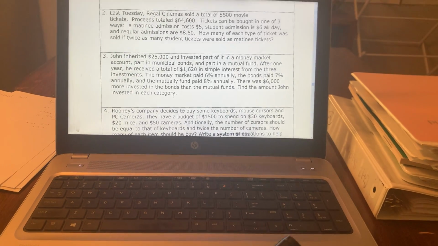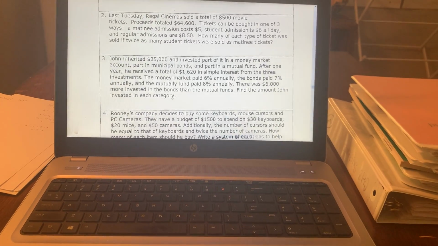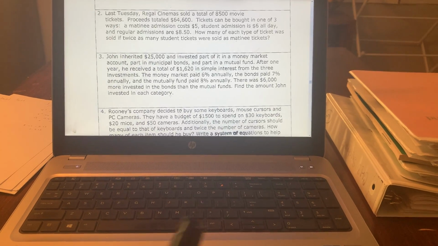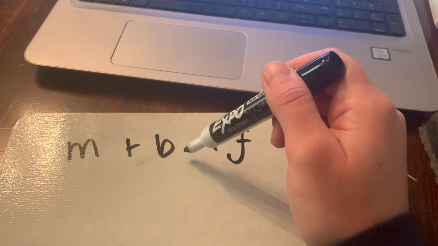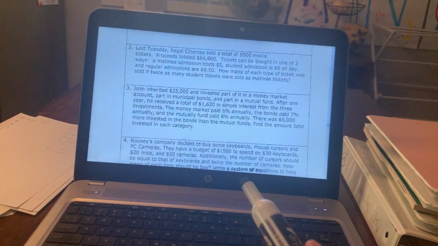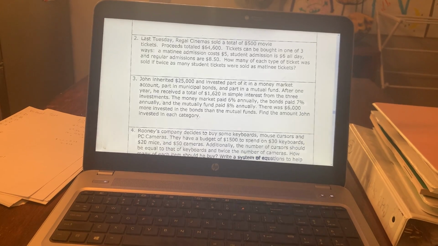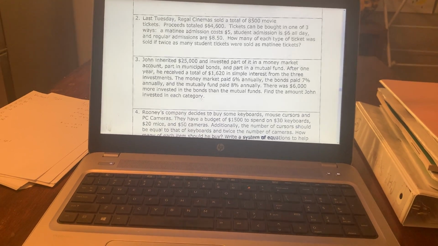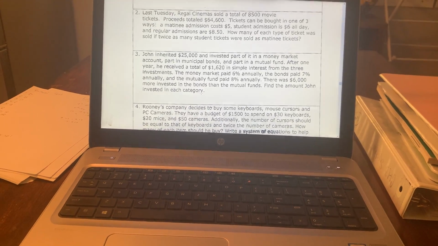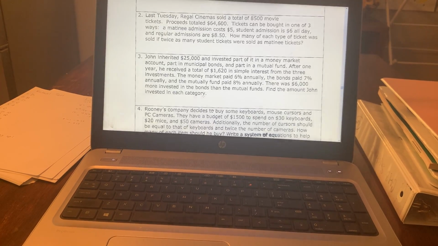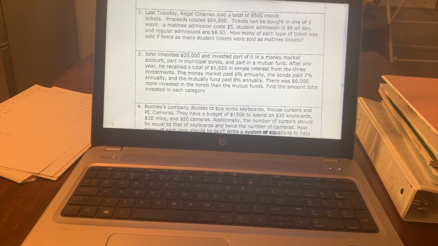All right, John inherited $25,000 and put it in a money market account, municipal bonds, and a mutual fund. So I'm going to call that money market, the bonds, and funds. So that's a total of $25,000. After 1 year, he received $1,620 in simple interest from the 3 investments.